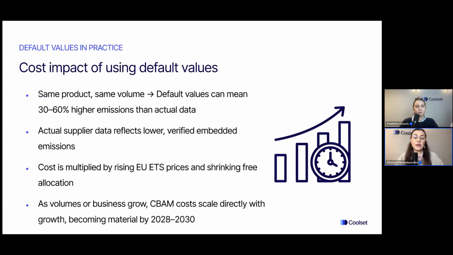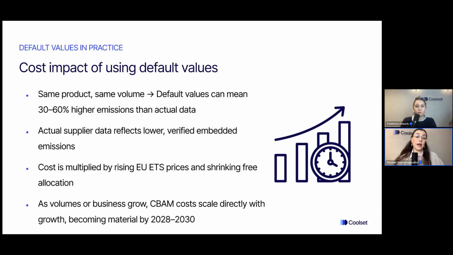There we see exactly how the values look like, but what is the cost impact of using these values? Essentially the same product, as we said, with the same volumes. At the beginning, we mentioned that it could have 30 to 60% higher emissions. In many cases, supplier-specific data could significantly lower your emissions.